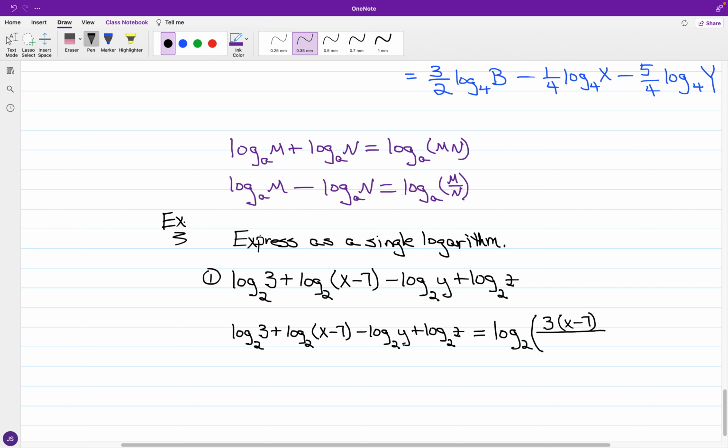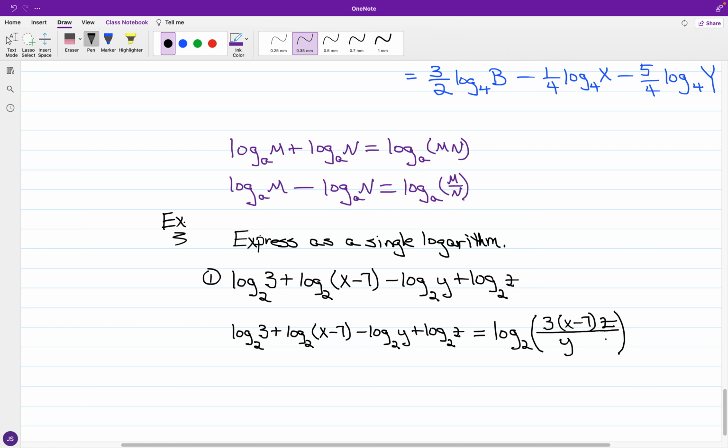For y, y is attached to what turns out to be a negative base 2 logarithmic term. And anytime that the term is negative, in the consolidation, that attachment goes in the denominator. And as for z, this is attached to a positive base 2 logarithmic term, so that will go on the top.